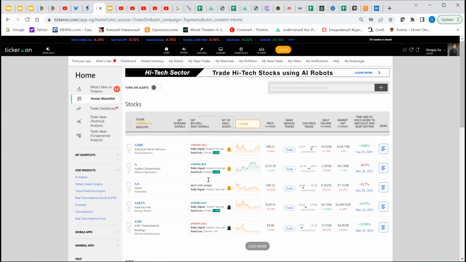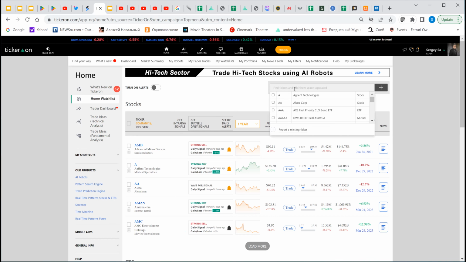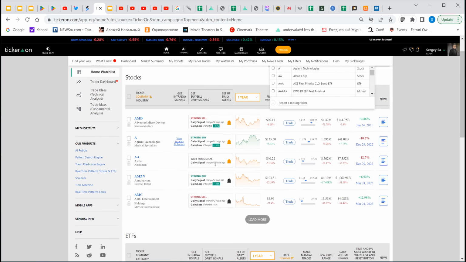In that column are the basic signals which we produce, and you can subscribe to them and view only this column, and add additional tickers and observe our signals. For instance, as you can see, a strong sell or a strong buy, and green means that after we produced these signals, we made money.